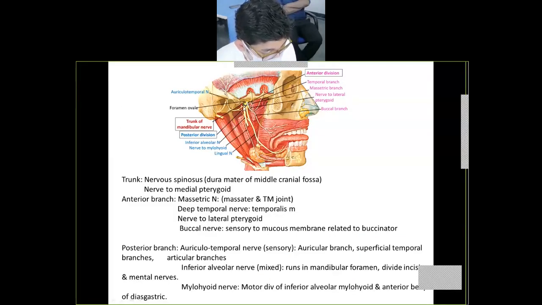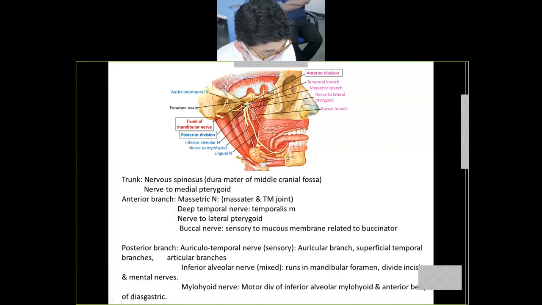You see, the mandibular nerve, there is a trunk. Then there are branches, anterior branch, posterior branch. This is the trunk. This is the small anterior branch. This whole is the posterior branch.